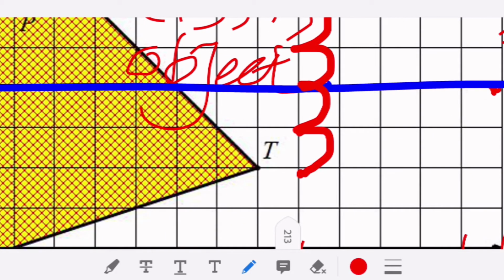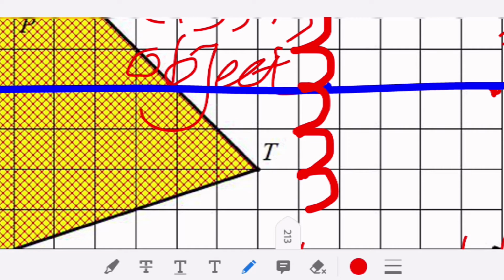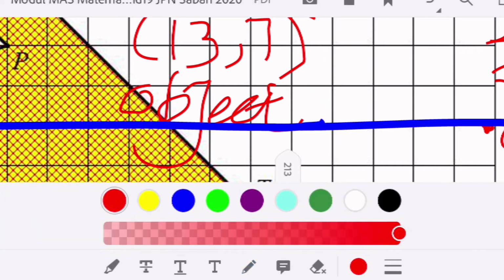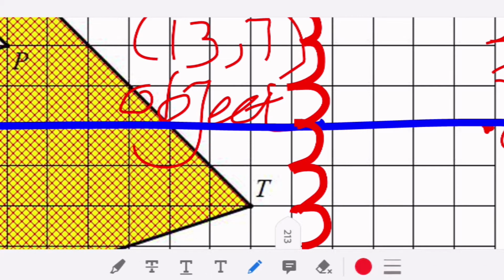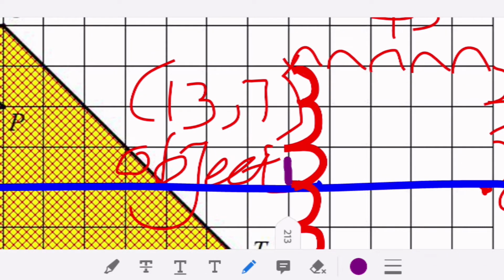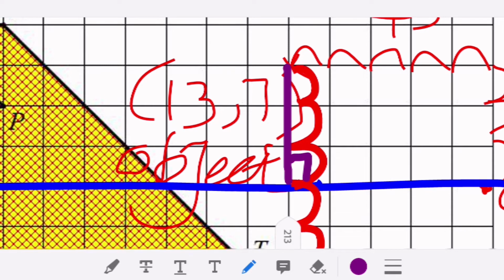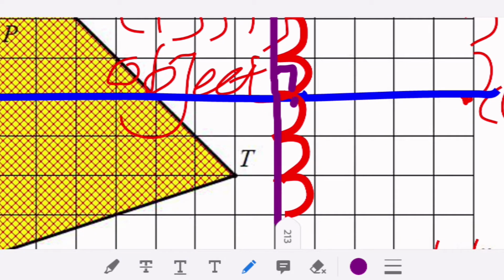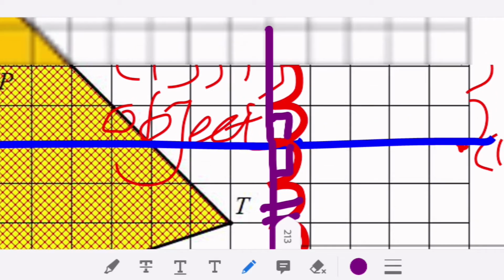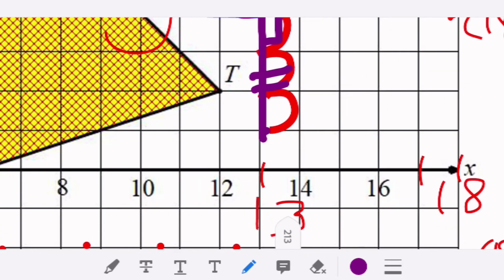Make sure the distance is perpendicular and 3 units. The distance must be equal from the line of reflection: 3 units from the object to the line of reflection, and 3 units from the line of reflection to the image. So the answer is (1, 3.1).